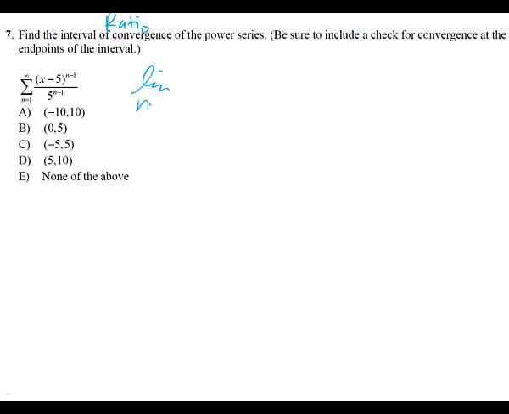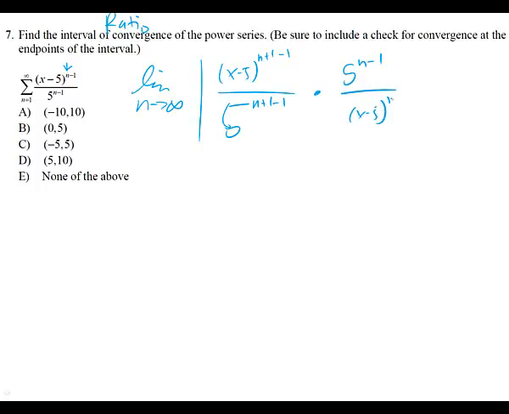So we've got the limit as n approaches infinity of x minus 5 to the n plus 1 minus 1, because I'm substituting n plus 1 into that, over 5 to the n plus 1 minus 1, and then I divide by what the original was, or I multiply by the reciprocal, x minus 5 to the n minus 1.